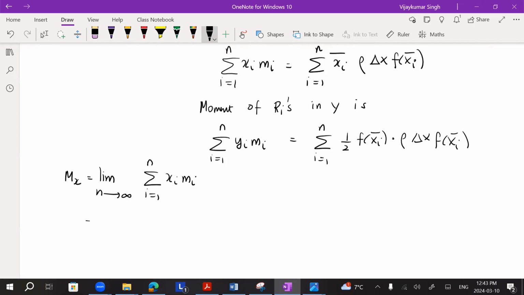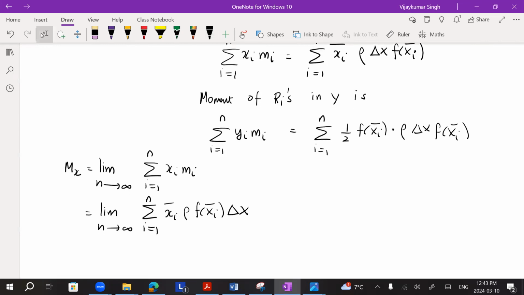That is the limit as n goes to infinity of the summation i going from 1 to n of xi bar rho f of xi bar delta x. And now this looks like a Riemann sum, right? So this is going to be the integral from a to b. This will contribute the dx, and the rest can be written as x rho f of x dx.